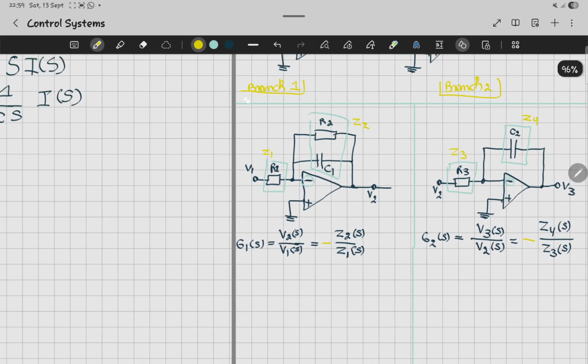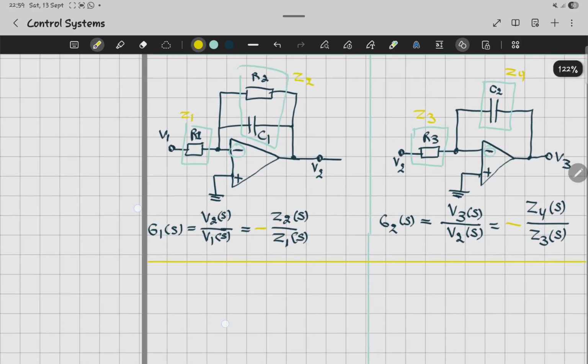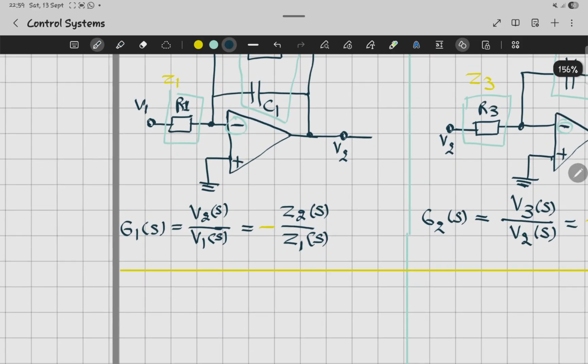Let's break it down again. We're going to separate them, and we know Z1. We're going to solve for Z1.